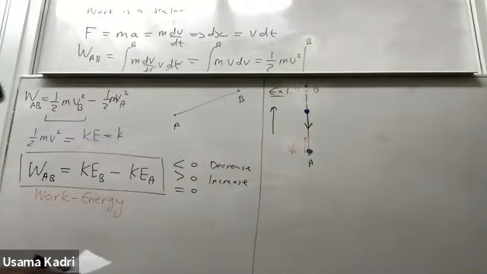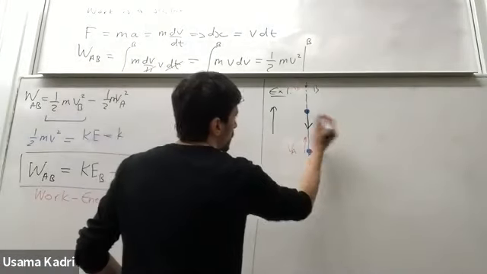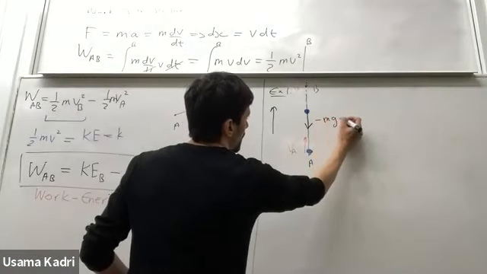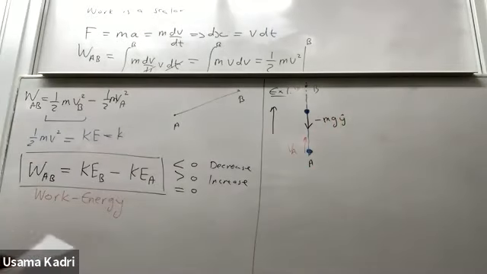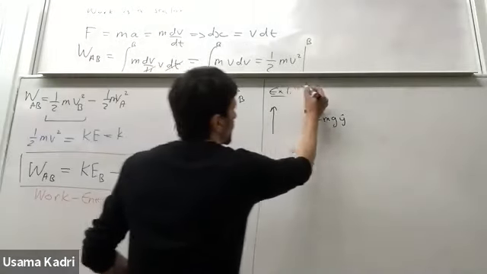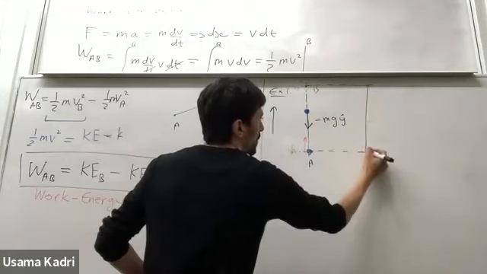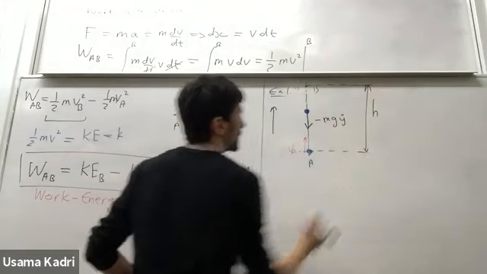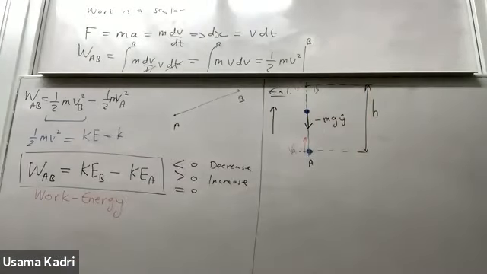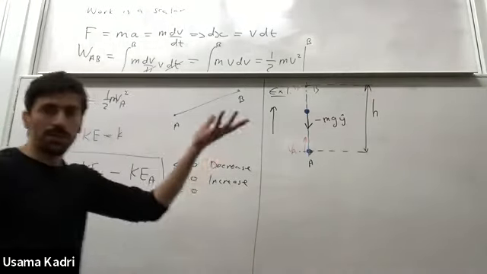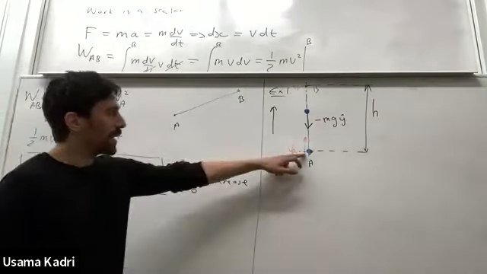So gravity would be minus mg, and this distance between A and B, let's call it h. The question is, what is the value of h? So you throw from A, and you want to know at what distance the velocity becomes 0.